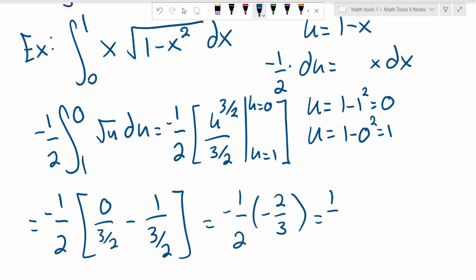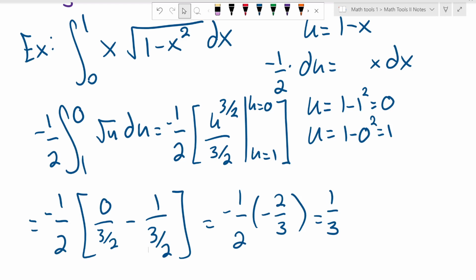Okay, so we're just going to get 1/3. So a bit of a different situation here, where you don't end up having to make that last substitution because we just went ahead and substituted the bounds instead. Okay.